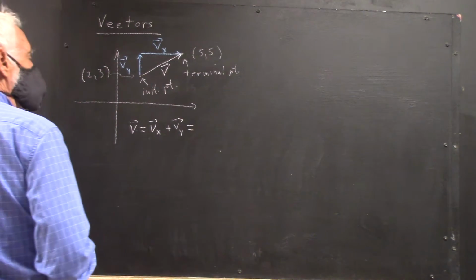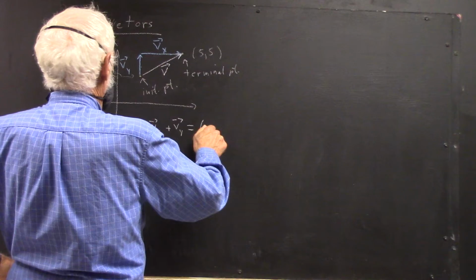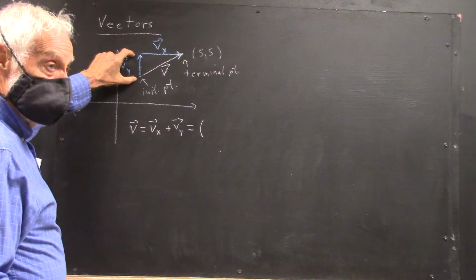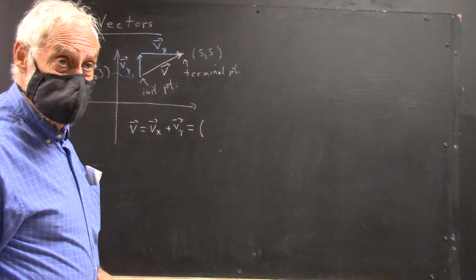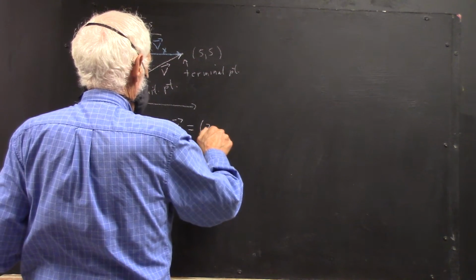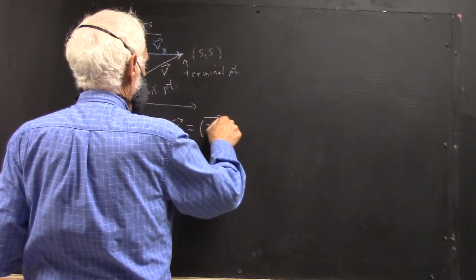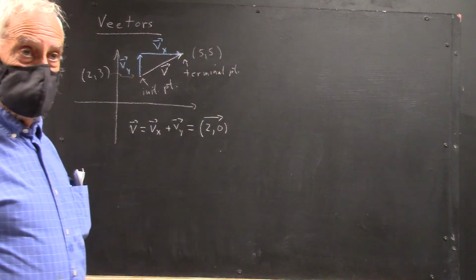Okay. I'm going to use ordered pair notation. Now, Vy is 2 units in the y direction, right? And Vx is 3 units in the x direction. I'm going to depict a vector that's 2 units in the y direction by an ordered pair with an arrow over the top of it.